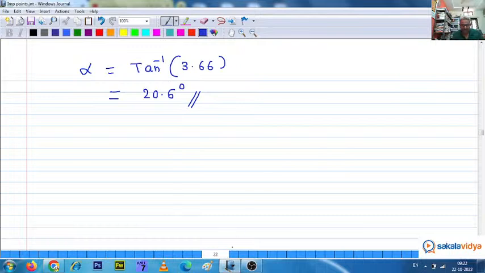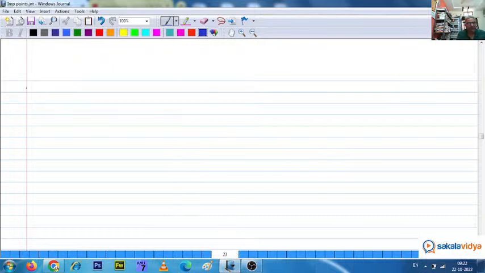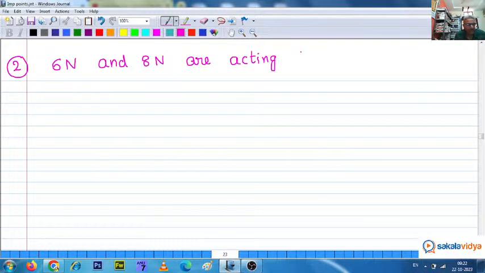So now let us move to the second question. 6 newtons and 8 newtons are acting perpendicular to each other at a point.